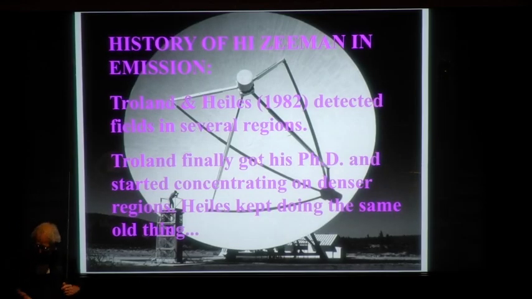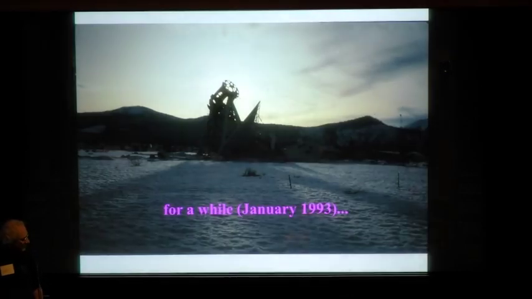Now in emission, Tom Troland and I started in the 70s to measure a lot of positions using this 85-foot telescope. Tom did his thesis on it. Then he left and started working on denser things with Dick Crutcher. And I kept using the same old telescope until I couldn't use it anymore.